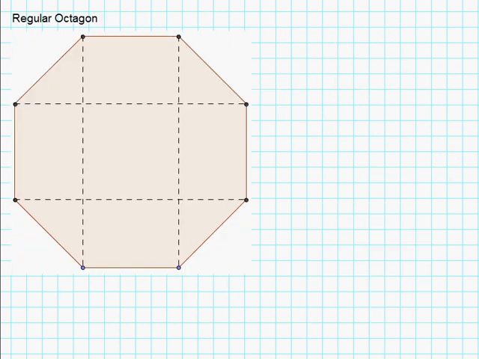The same kind of comment is true about an octagon. An octagon is like a stop sign. It's an 8-sided figure. And in this case, what we have is each of these here is s. And what I've done already is I've divided this up into pieces so we can calculate this.